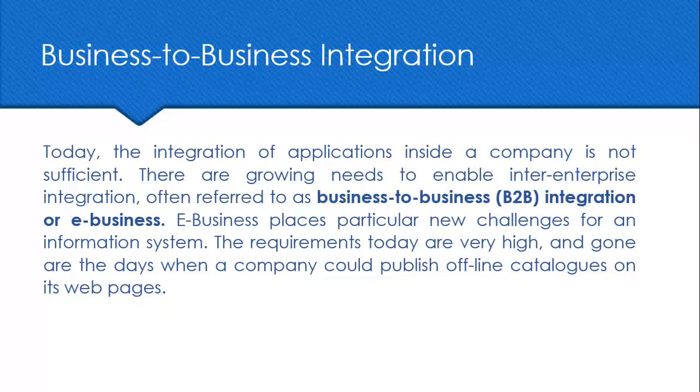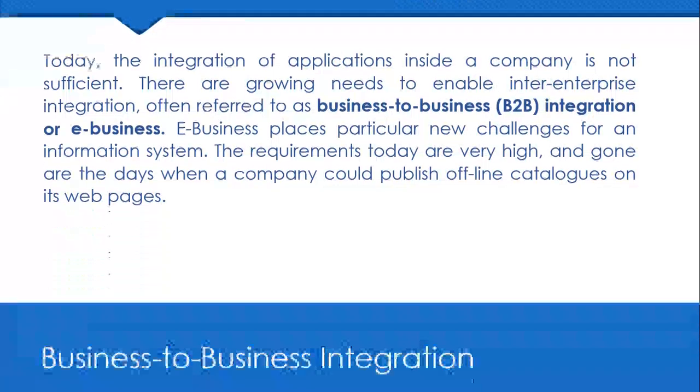So e-business places particular new challenges for an information system when a company could publish offline catalogs on its web pages. So probably it can be in the form of APIs. So a certain company would provide APIs to other businesses.